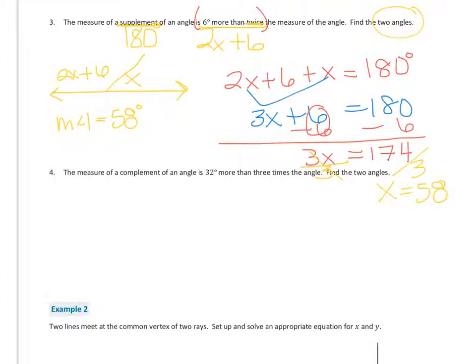The other one, measurement of angle 2, I'm going to have to do a little bit of work. 2 times 58 plus 6. So 116 plus 6, 122. So there we go.